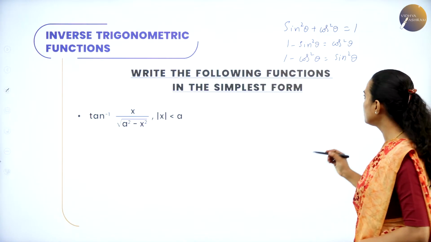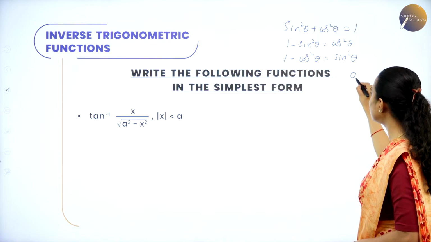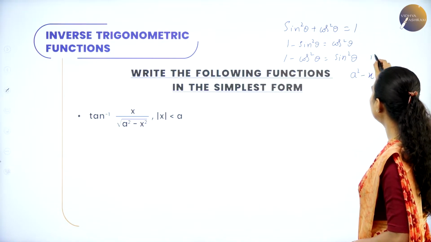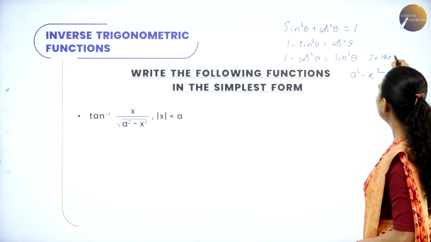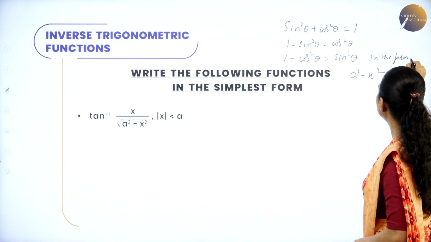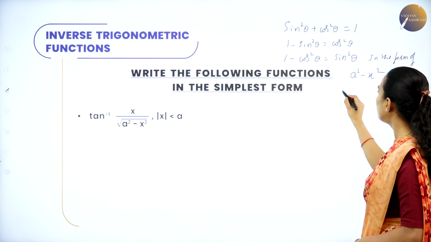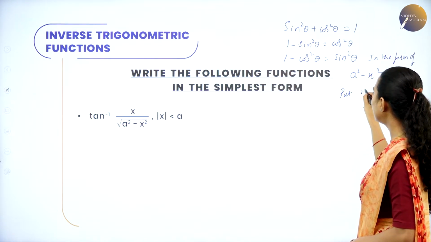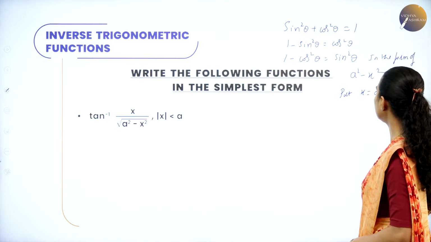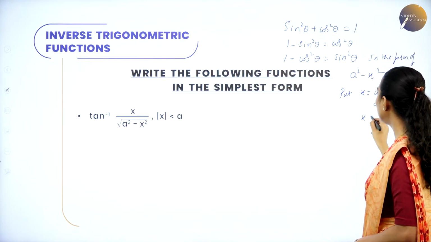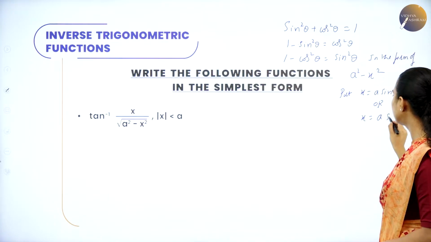Therefore substitution for a squared minus x squared: if it is in the form of a squared minus x squared, you are going to substitute, put x is equal to a sine theta, or you can take it as x is equal to, right?